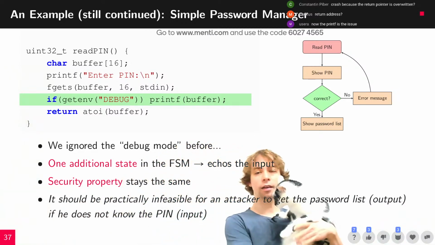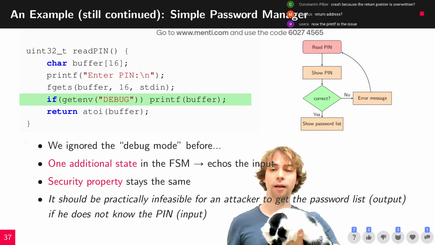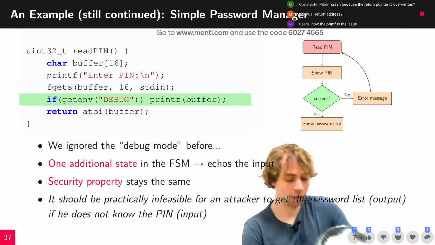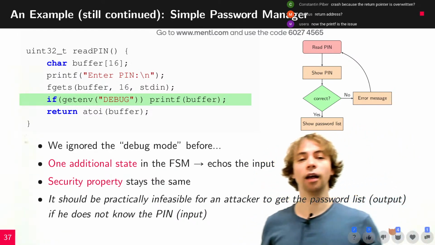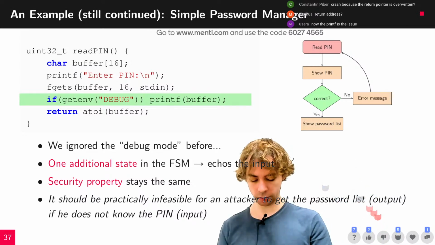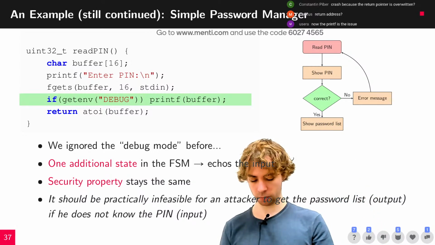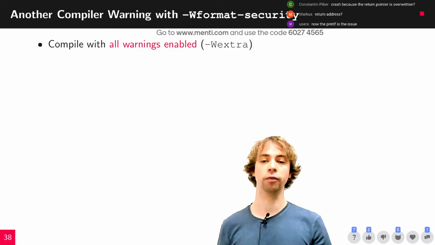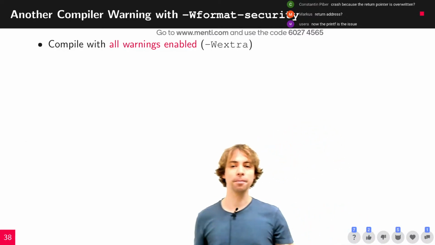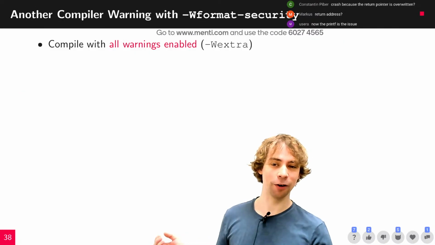Okay, let's see. Maybe go down here. So why does it not? My clicker does not click anymore. Now it's working again. Well, let's maybe check out compiler warnings again.